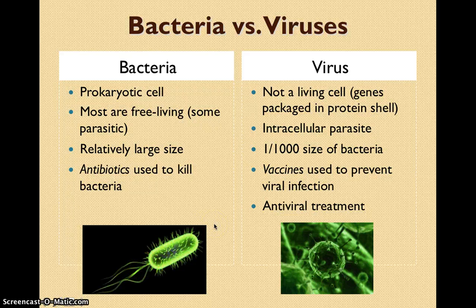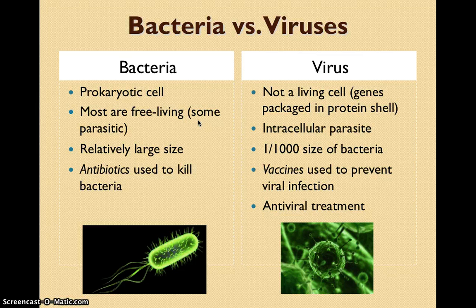In comparison between bacteria and viruses, later on we'll go into bacteria a lot more. Viruses are actually much smaller. You can see the scale-wise, it's 1,000th the size of a bacteria. For bacteria, a lot of the time you hear antibiotic. That's what we use to kill bacteria.